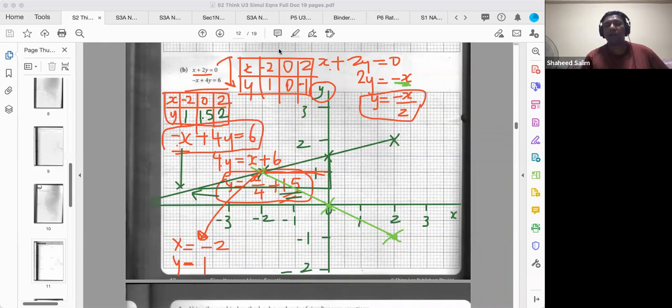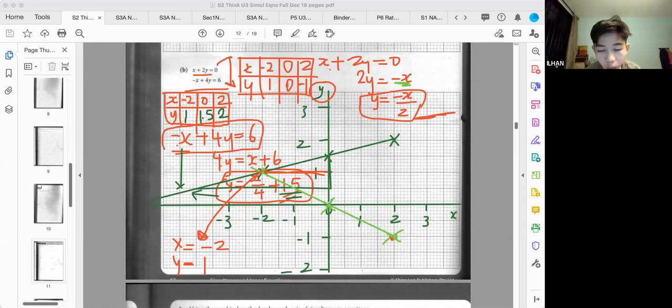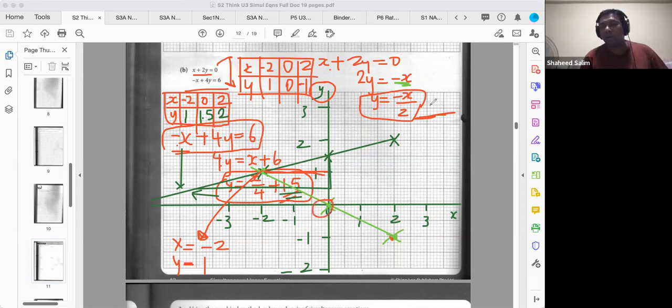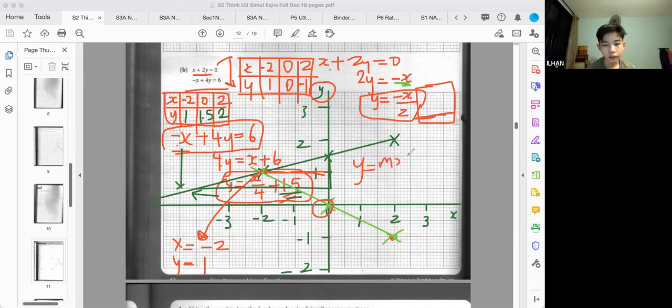Notice down here, there is no c. Where does it cut the y axis for this line? At 0. So when it is 0, you will not have the tail end here. Remember the general formula, y equals mx plus c.